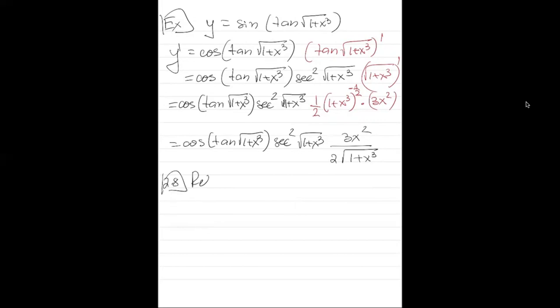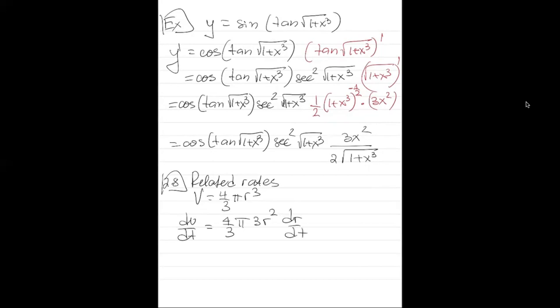related rates. So quick example here, if I have the formula for the volume of a sphere, 4/3 pi r to the third, and if I implicitly differentiate in terms of t, so dV/dt is equal to 4/3, and then pi stays, 3r squared dr/dt.